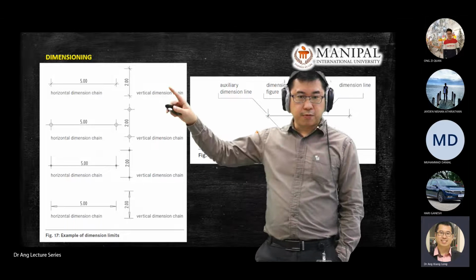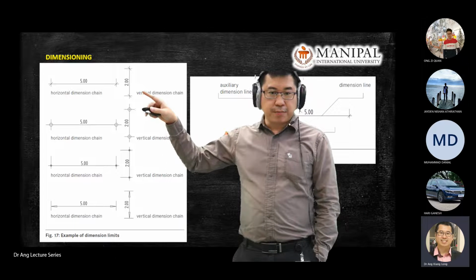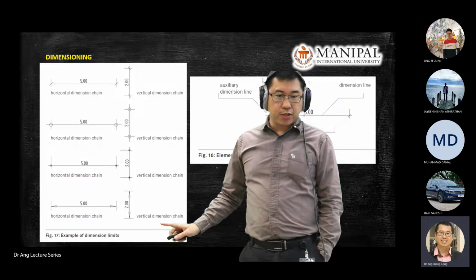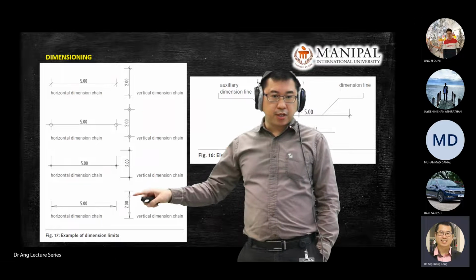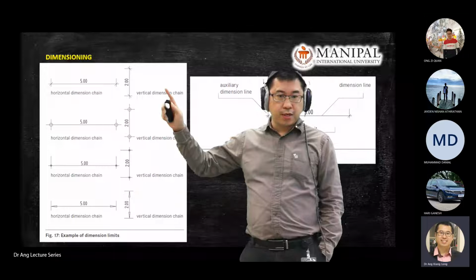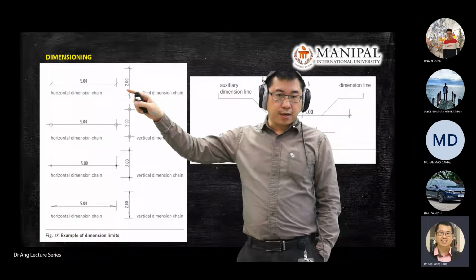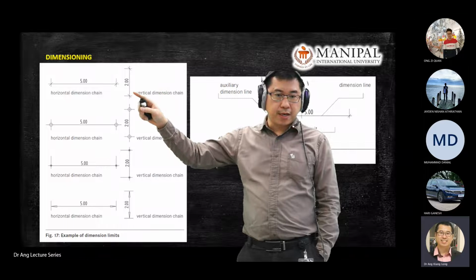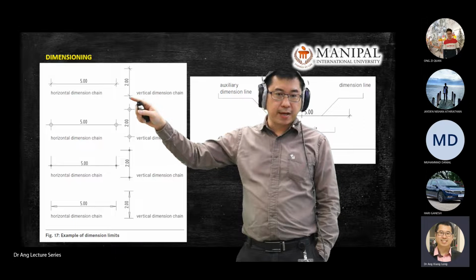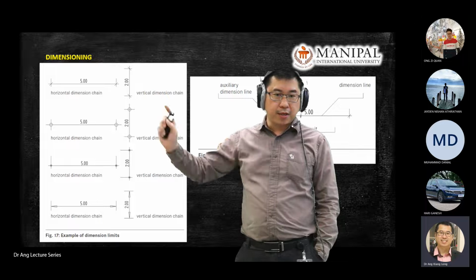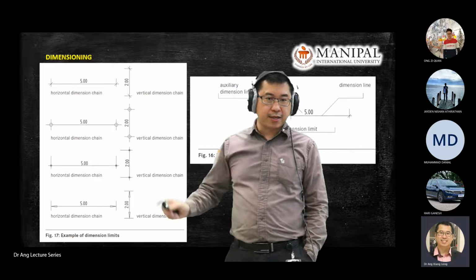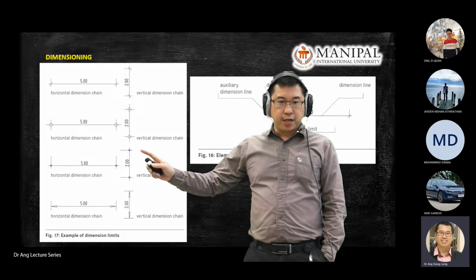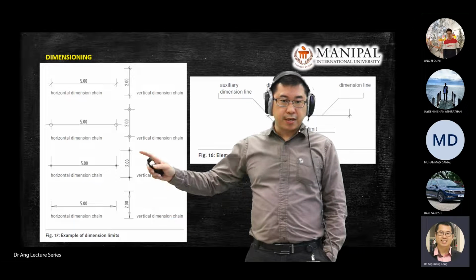For example, the first one is a vertical dimension chain, and the last one is also a vertical dimension chain, but the last one uses an arrow, while this one uses a 45-degree short line to represent the end point of the line.